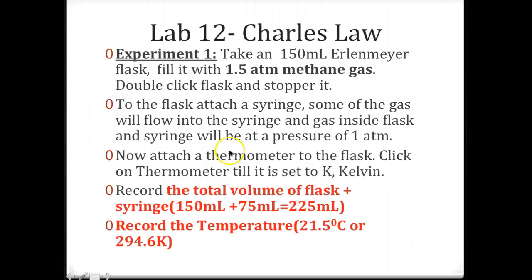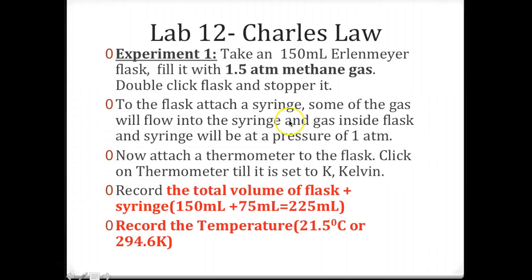Here we're going to take another Erlenmeyer flask in experiment 1, and fill it with 1.5 atmospheres of methane gas. Click on the flask to close it, and then attach a syringe so that some of that gas will flow into the syringe.